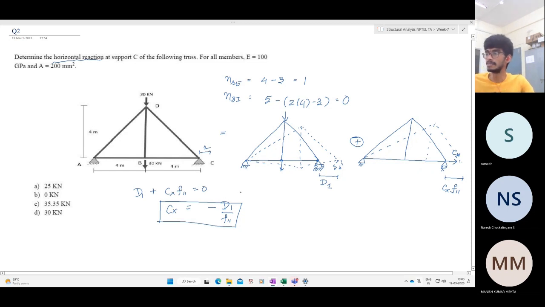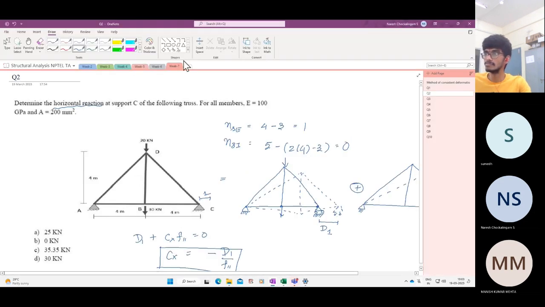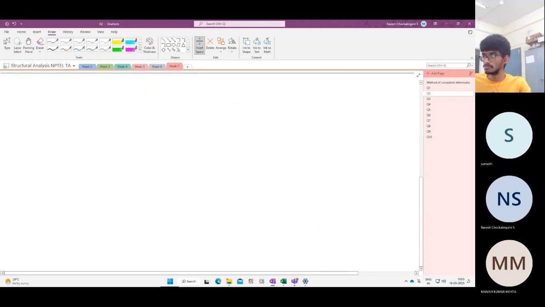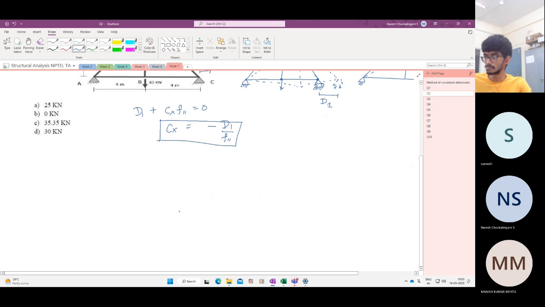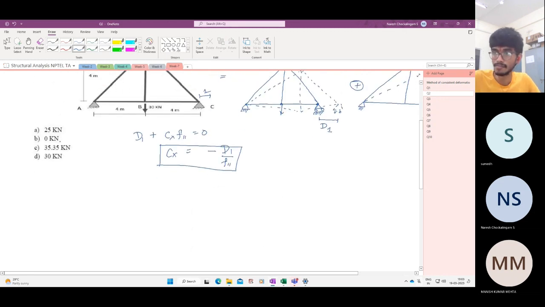So as usual, let us solve the primary structure. So in the primary structure, we have 30.